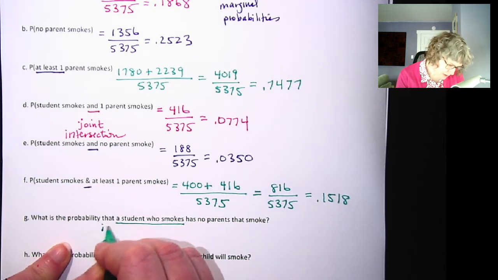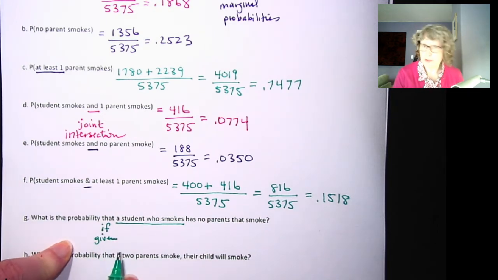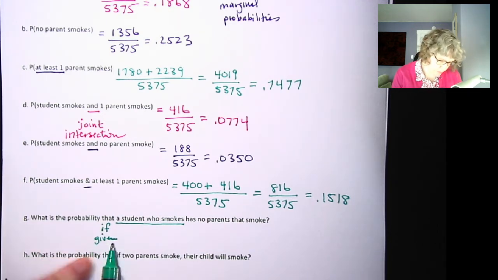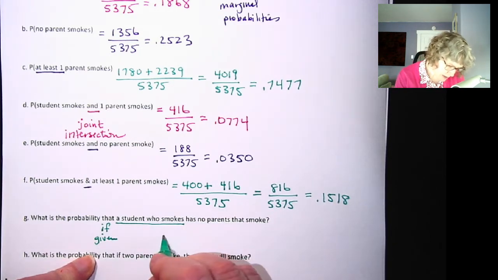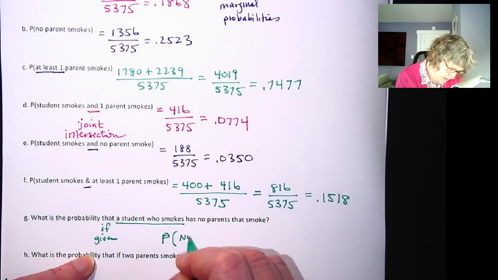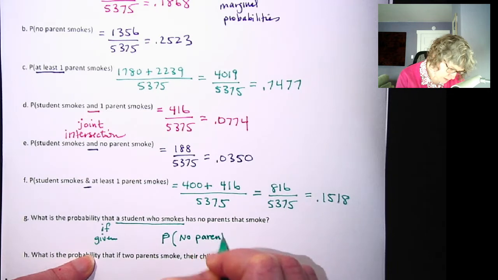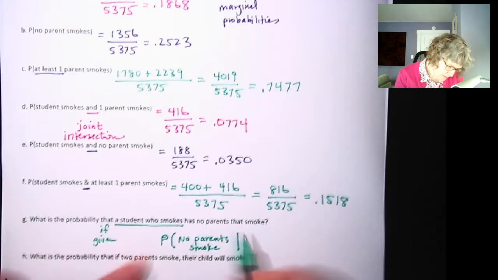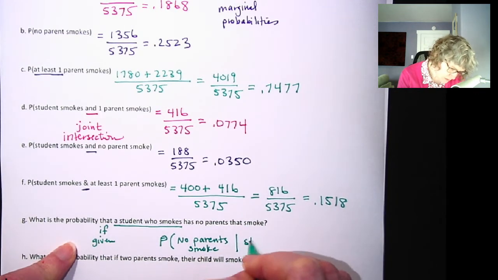They could have phrased it with an if or a given, but I wanted to show you an example that wasn't phrased that way. Let's write our probability statement first: what's the probability that no parents smoke given student smokes?